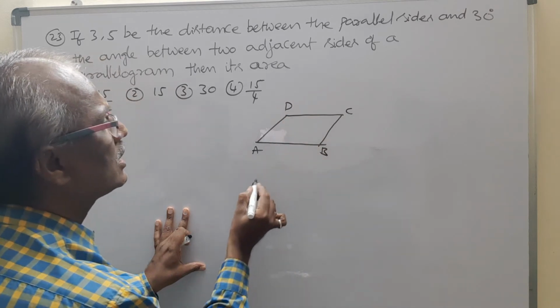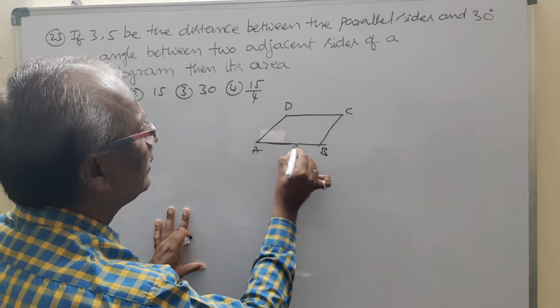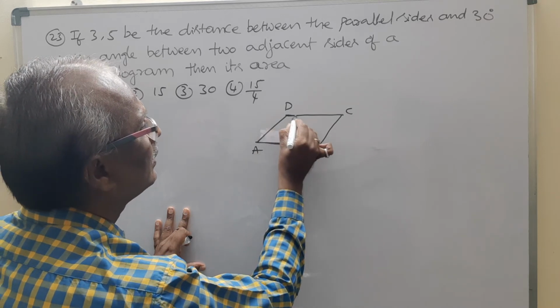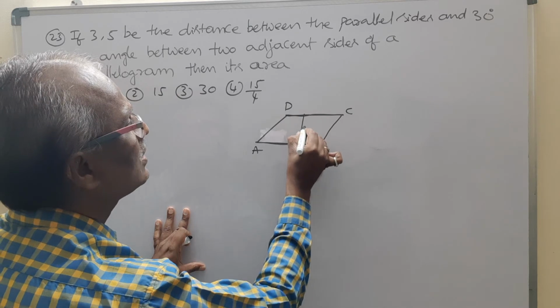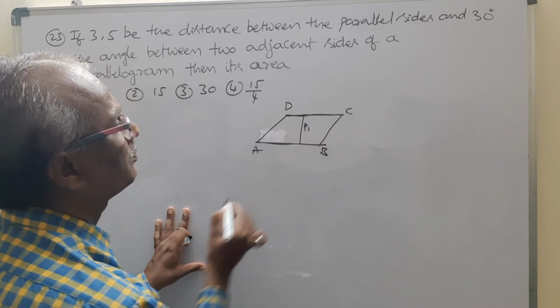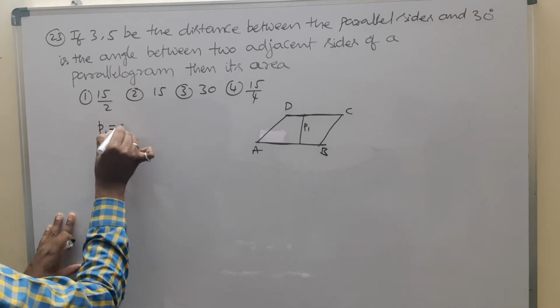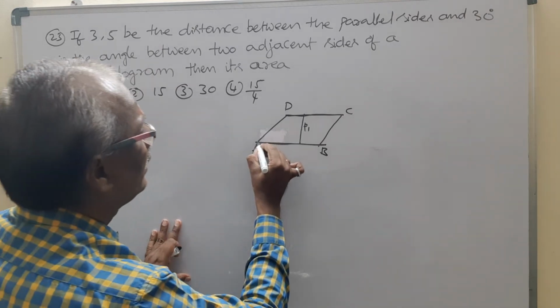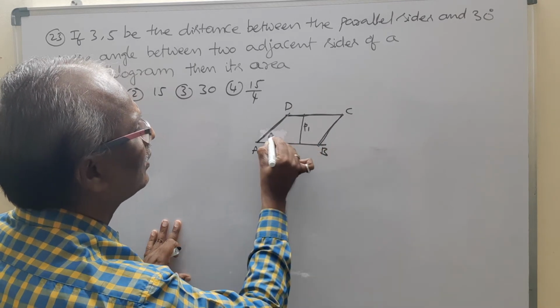Parallel sides distance means here the opposite sides are parallel. AB and DC are parallel. This distance is given, P1 equal to 3. Next, AD and BC are parallel.